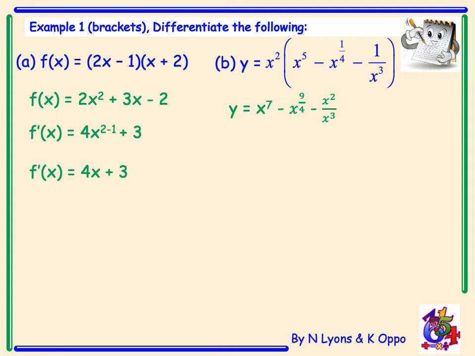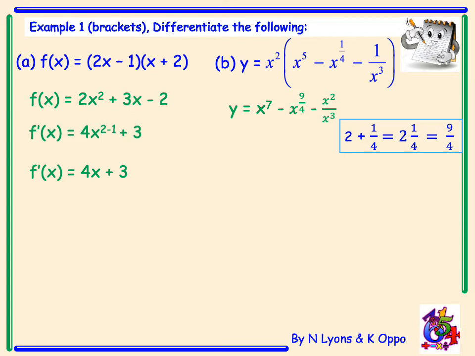So the first term becomes x to the power of 7. x squared multiplied by x to the power of a quarter, and we will need to add those powers there, and that would be 2 plus a quarter, which is 2 1/4, which we would write as top heavy fraction 9 over 4. And then x squared multiplied by negative 1 over x cubed.